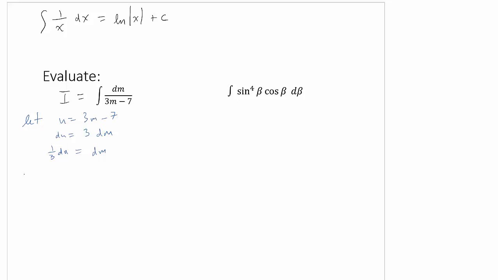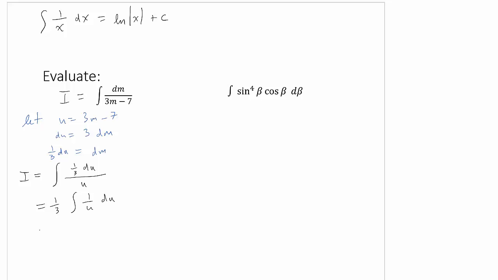All right, so now let's take that integral and replace it with our substitutions. The dm is 1/3 du, and I have now a u in the denominator. Again, I can bring that constant out front, so that's 1/3 integral 1 over u du.